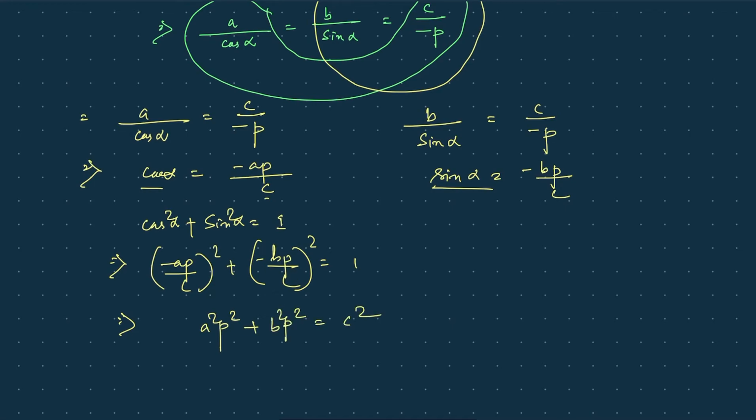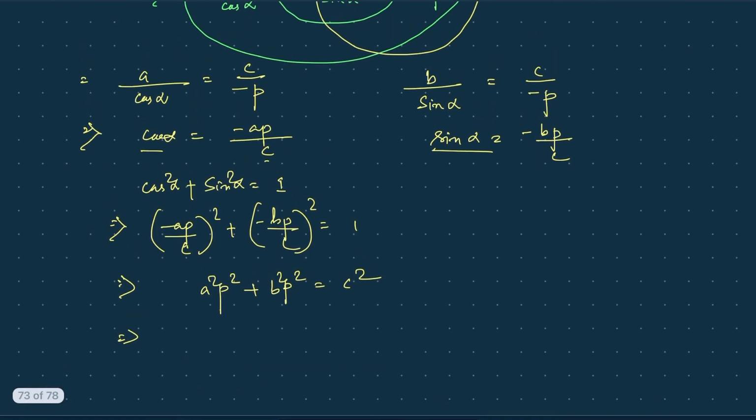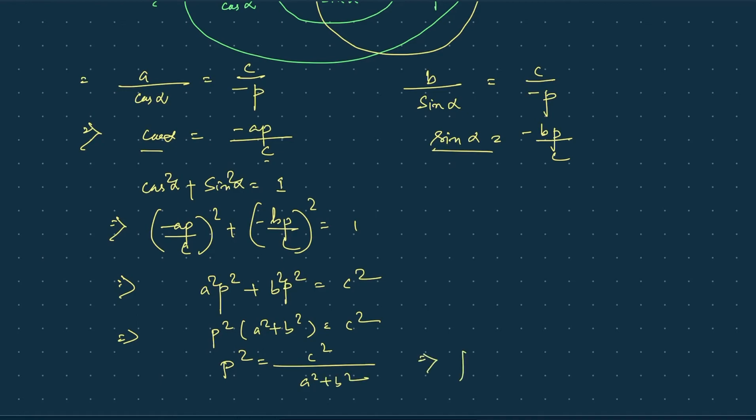Taking the common p square, a square plus b square times p square is equal to c square. Now p square will be equal to c square divided by a square plus b square, so p will be plus or minus c divided by the square root of a square plus b square.